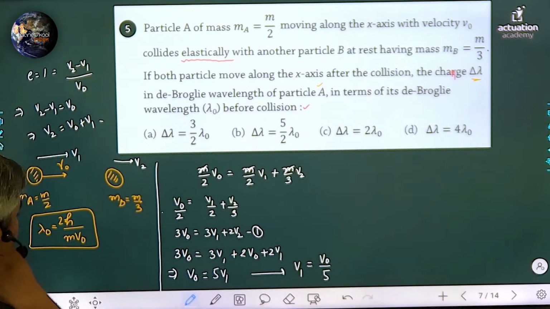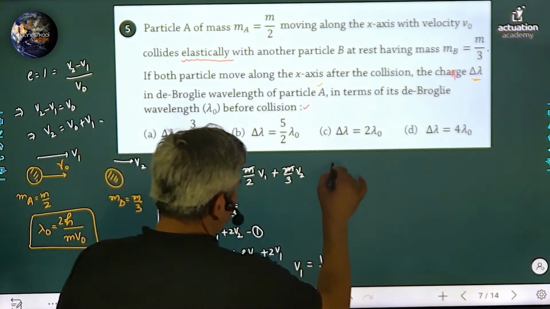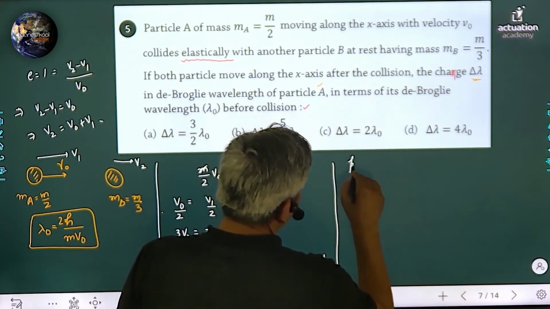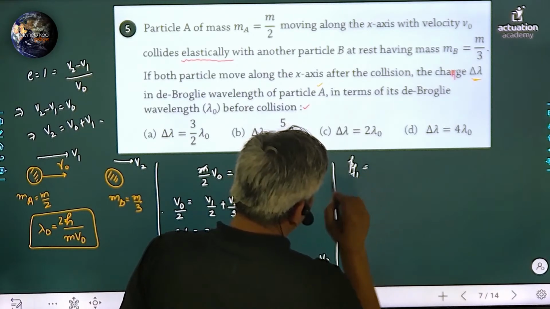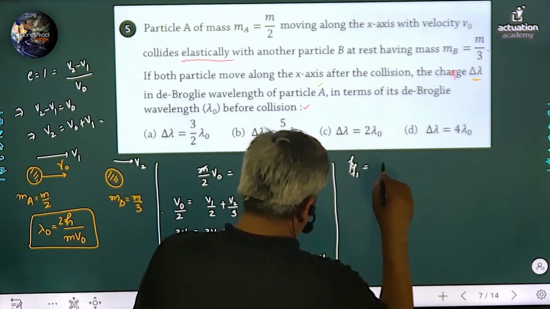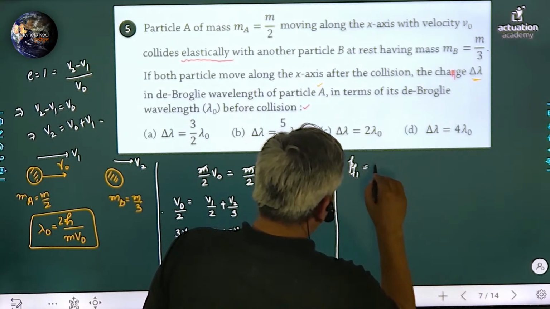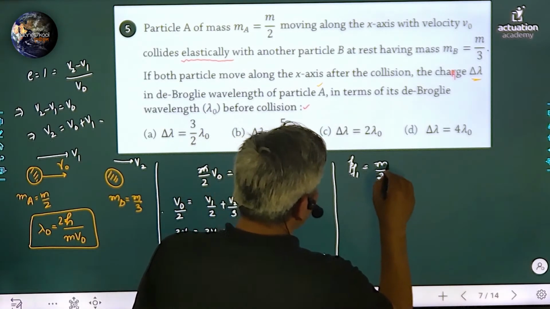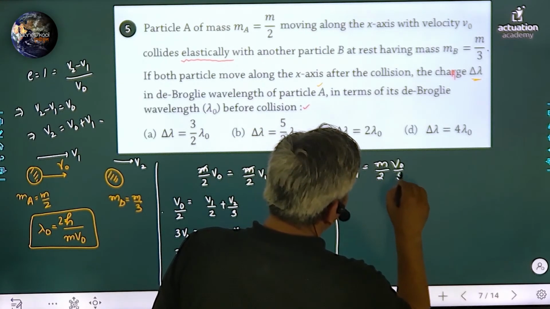Now the final momentum of particle 1 is m, the mass of the particle, into V0 by 5.